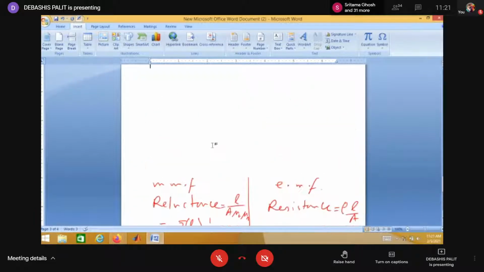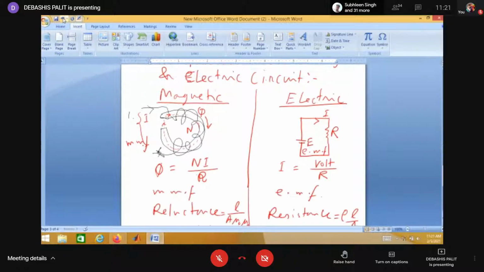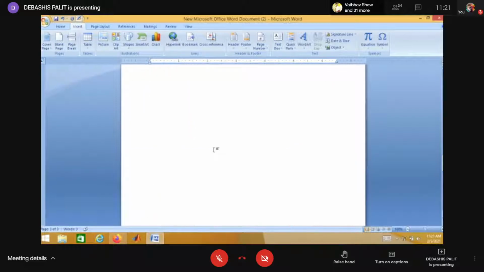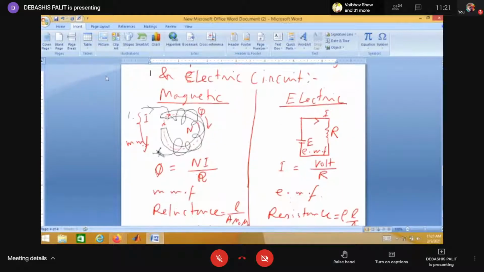Some of the portion is coming onto another page when I insert a blank page. So if I get the page break option, bring the cursor down and then go for page break.